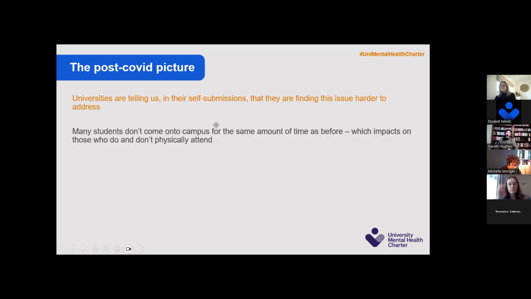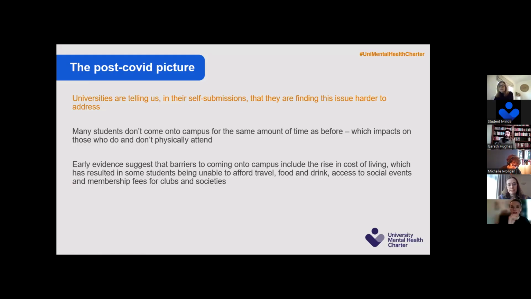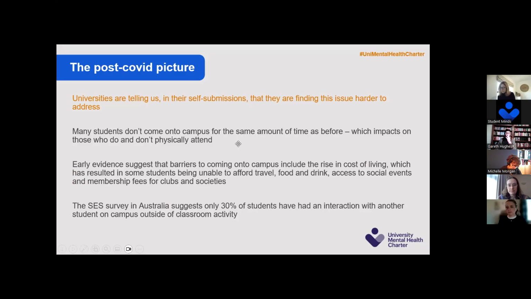So that then affects those who aren't coming onto campus, but it also seems to be having an impact on those who do, because when they do come onto campus, there are fewer people around, so there's less opportunity to engage socially, fewer people who have the potential to be their friends. I've spoken about this a little bit earlier in terms of what the barriers might be to students coming onto campus.